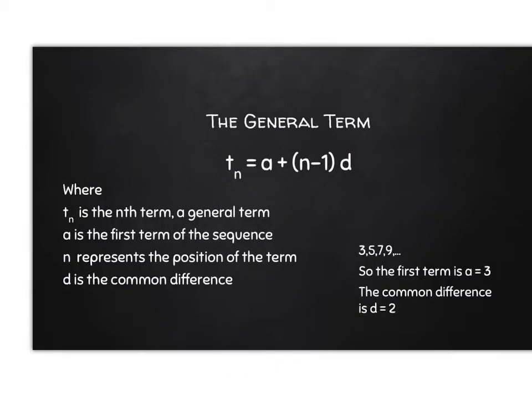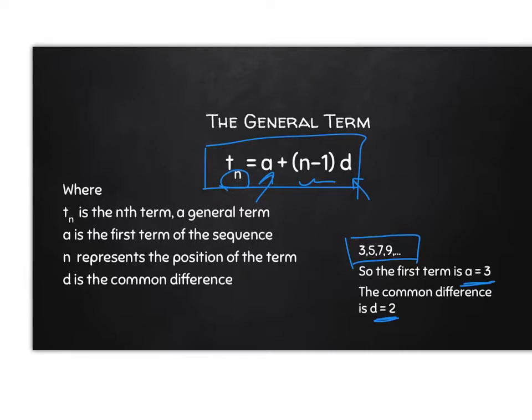So in a sequence, we can define the general term as Tn equals a plus n minus 1 d, where a is the first term of that sequence, and d is what you're adding or taking away each time, and you do it n minus 1 times in order to get the nth term. So for instance, in this example, the first term is a equals 3, and the common difference is 2.